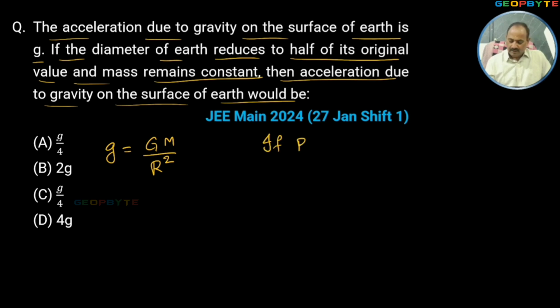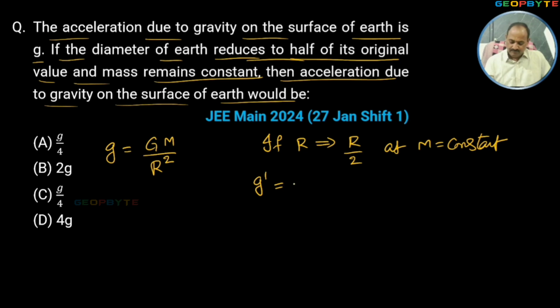If R is reduced to half of the value, R by 2, at constant mass of the earth, then what is the new acceleration due to gravity?